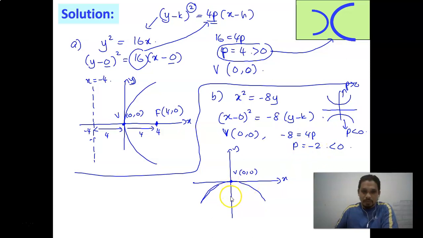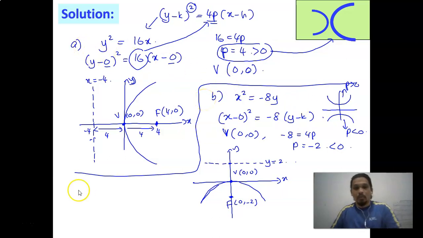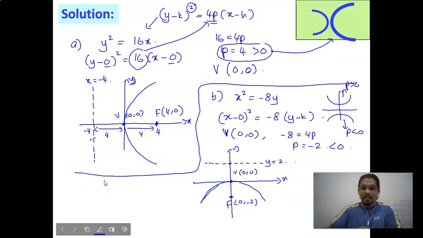So 2 units downward from (0, 0) gives (0, negative 2). This is the focus. And moving 2 units upward gives the directrix line y equal to 2. So this is the solution for examples A and B of example 1. Okay, let's move to the next one.